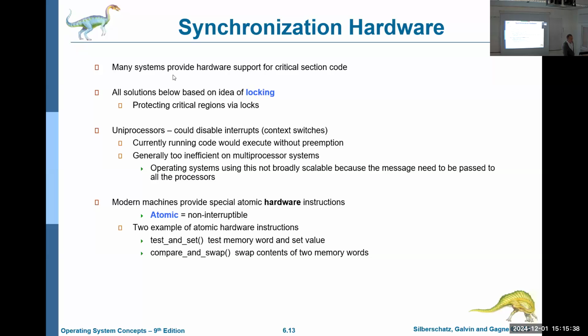Okay, so we said that there had to be a certain minimum amount of hardware support for that load and store. But there could be better hardware support for critical section solutions. They're all based on the idea of locking. Locking means that you lock a variable or you lock a critical section.